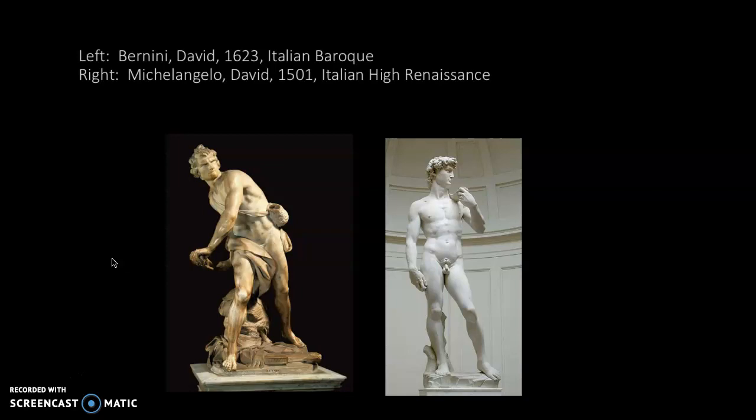And Bernini, being a Baroque artist who wants to depict the kind of pinnacle of emotion, of drama, he is choosing this precise moment when David has loaded the slingshot here, and he's stepping back in this dynamic, twisting pose. He's about to launch the rock, the kind of decisive blow to defeat Goliath.